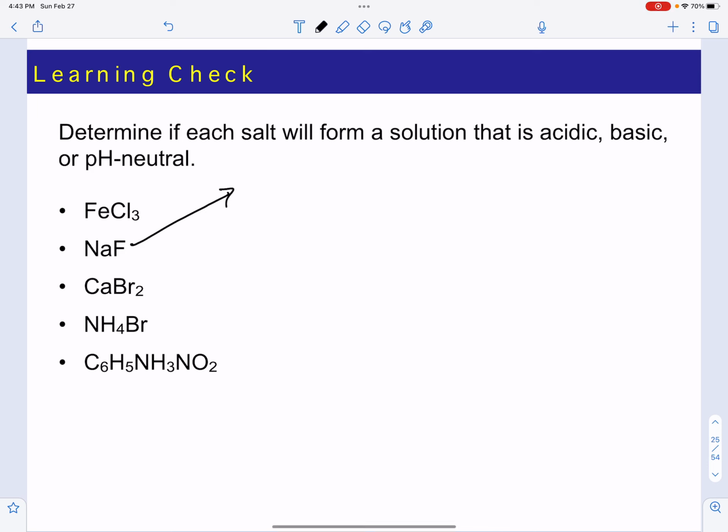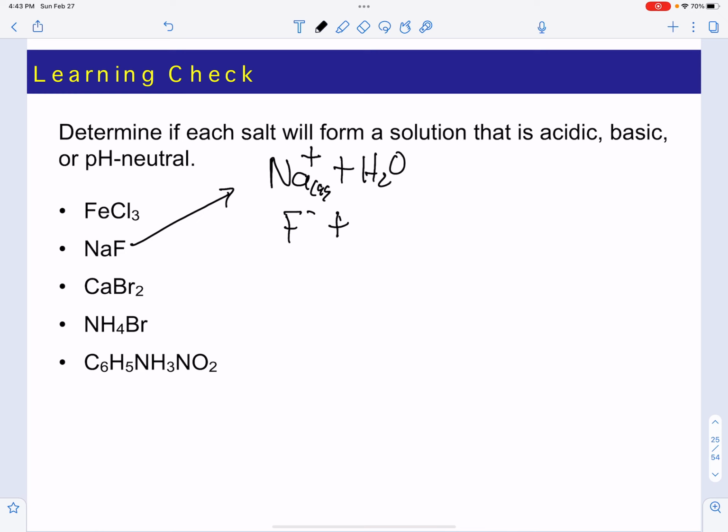Sodium fluoride. So we're going to have Na plus, and we're going to have F negative, right? Both of them are going to react with water.